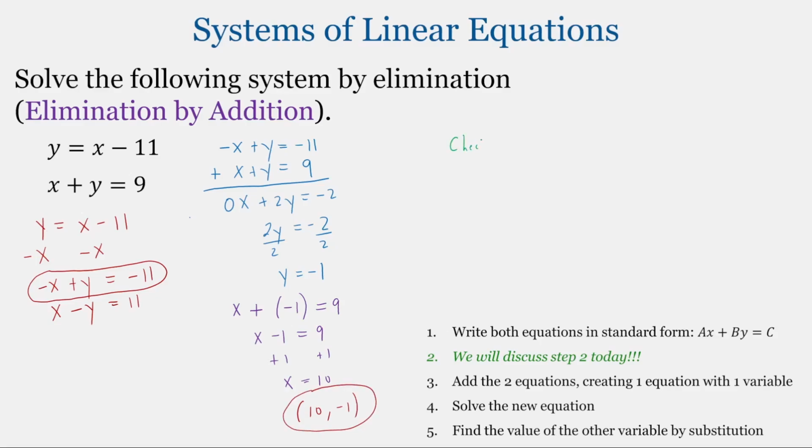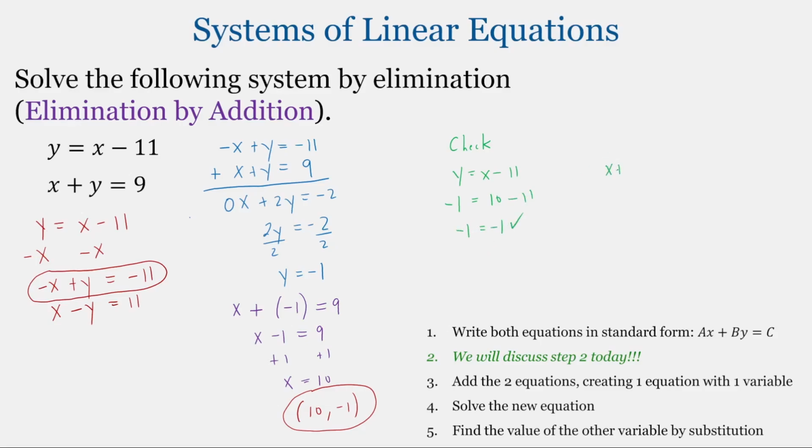We want to check our answer, make sure that that is a valid solution to each of these equations. For y equal to x minus 11, we have negative 1 equal to 10 minus 11. Negative 1 equal to negative 1. That's true.